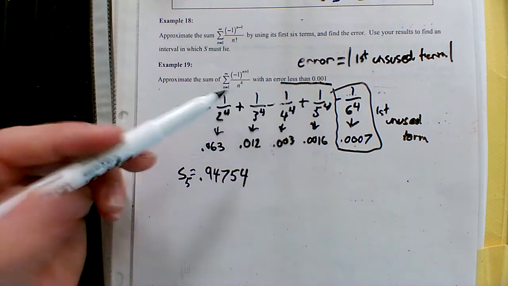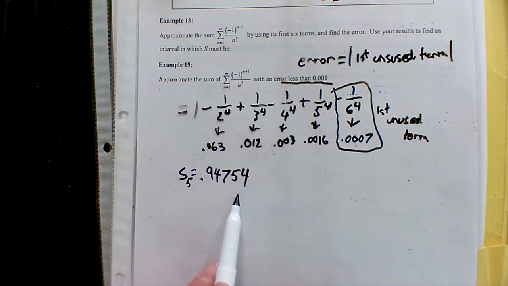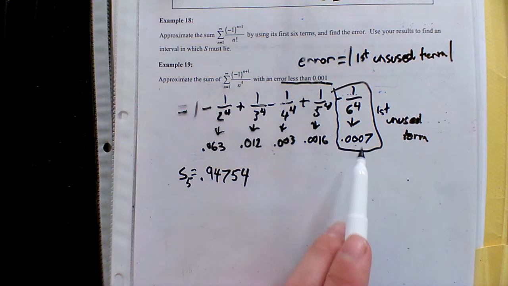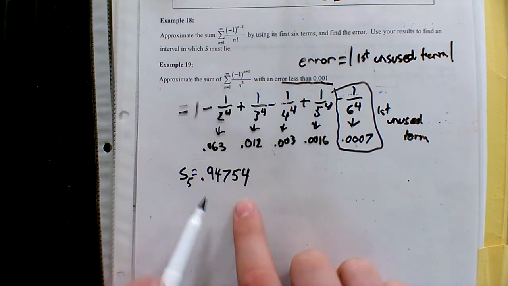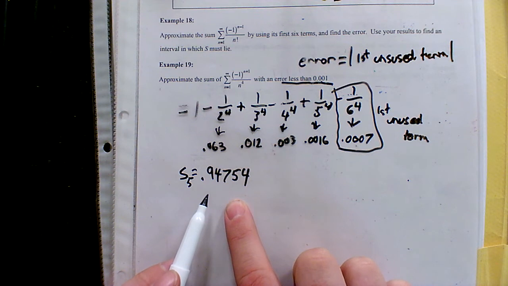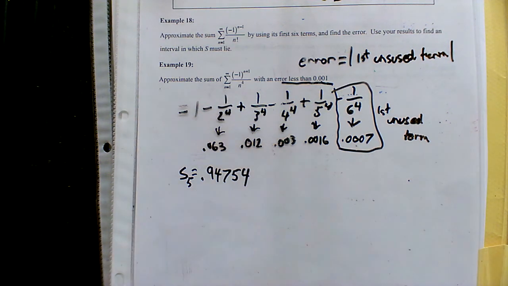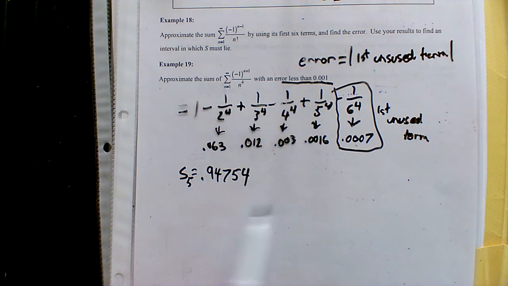So we know that our error in this answer is less than 0.001 because our next term is 0.0007. And each term after that's just going to keep getting smaller and smaller. So we know the error here has to be less than 0.001. So we know it's going to be 0.94 something. Okay? So that's the reason that we're doing this. You're finding an error, and we know that this has to be within 0.001.